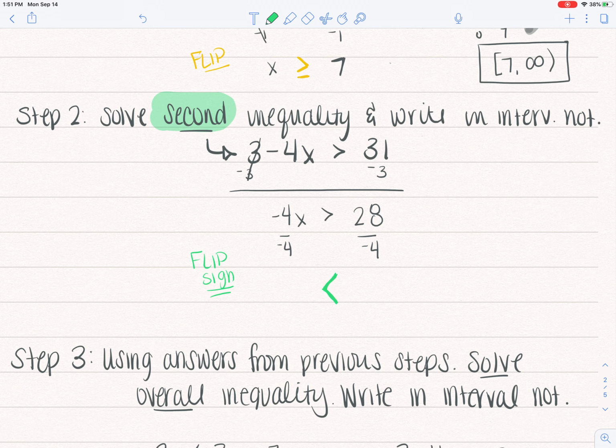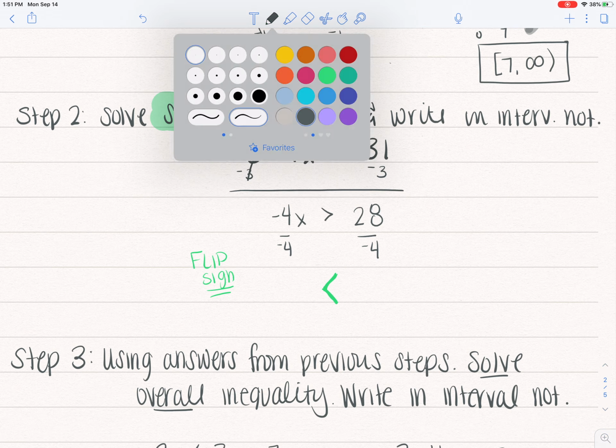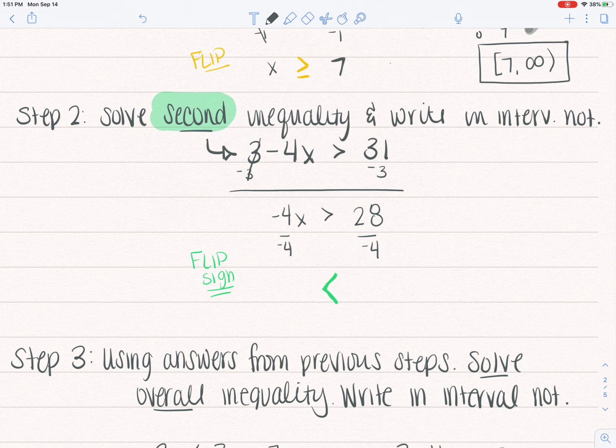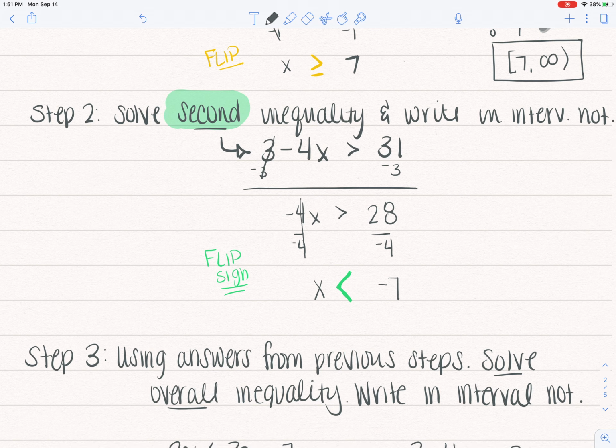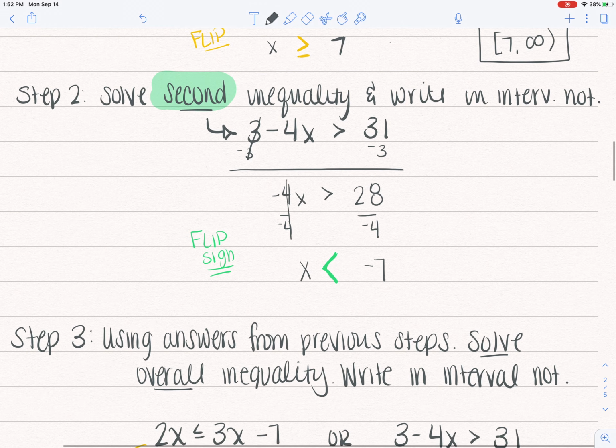So that's going to turn, and I'll be left with x is greater than -7. Sorry, x is less than -7 because I flipped it. So I'm going to write in interval notation, which I like to go through the graph, so I'm going to graph it too. There's 0, -7.